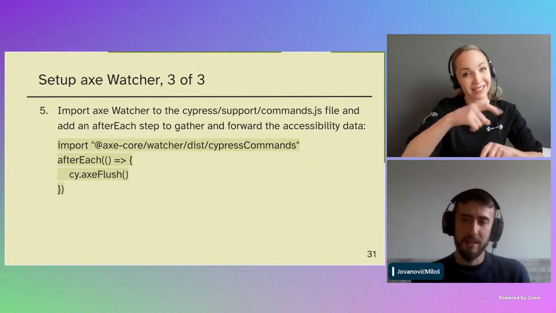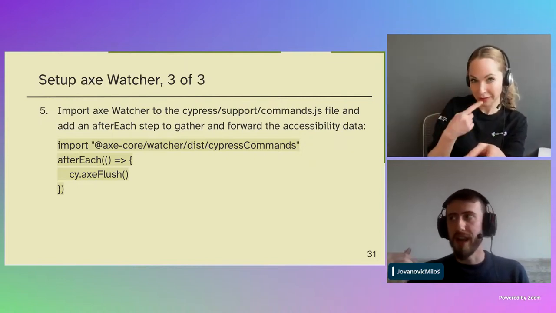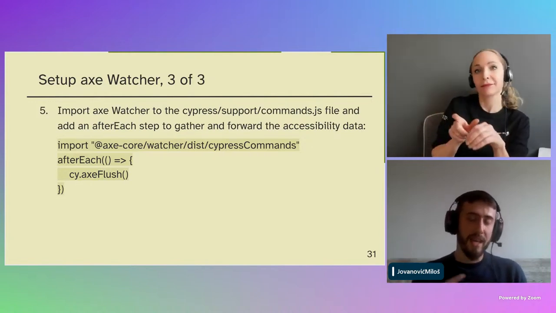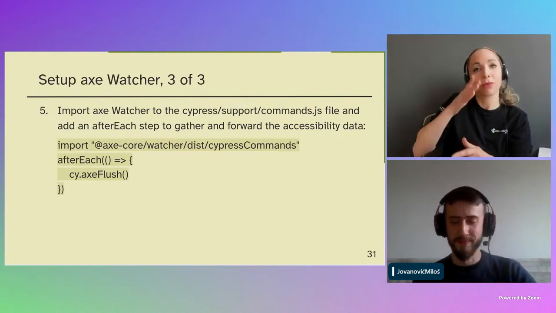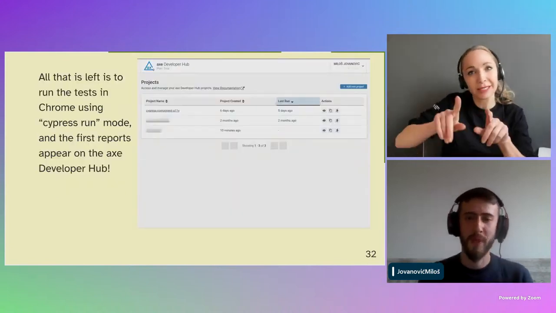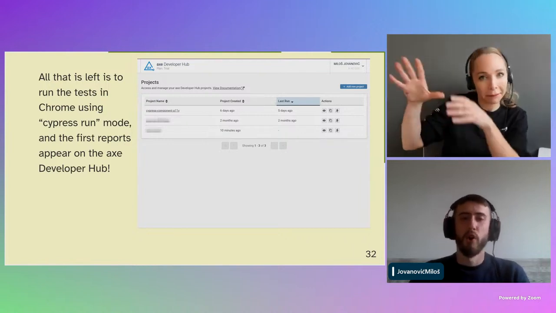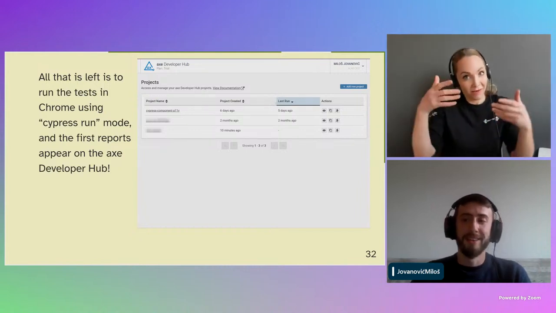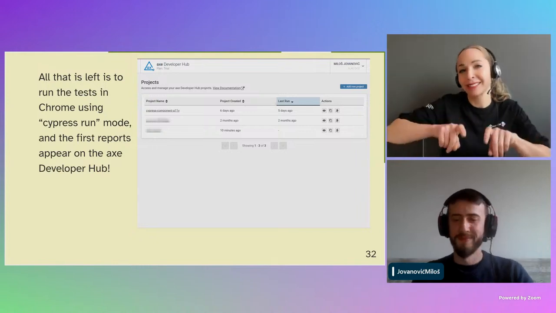So this is an edit you add to a certain file, and it executes after each of your tests. This command gathers the data and forwards it to the developer hub. With the code setup being done, all that's left is to run a test suite and have it appear on the developer hub page.